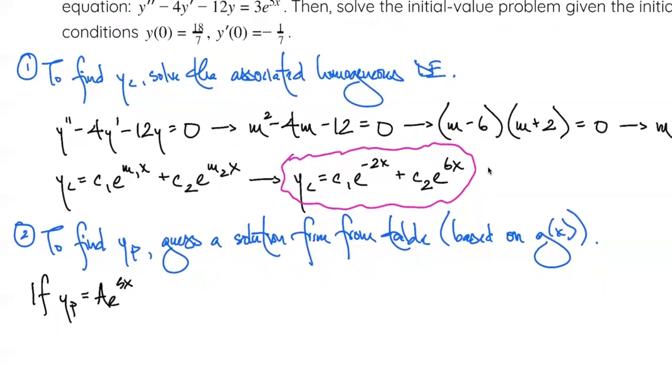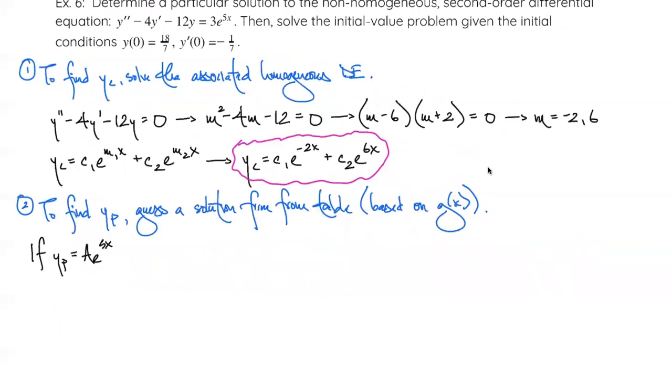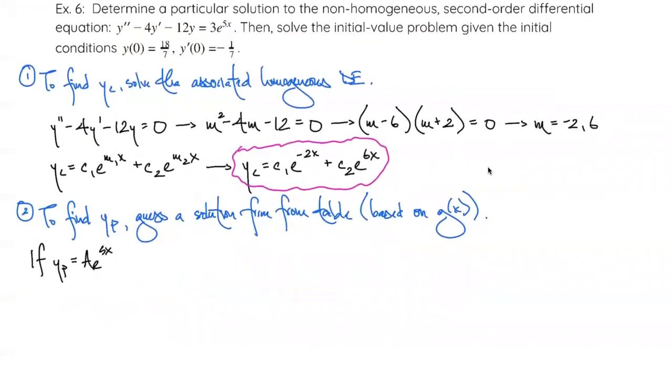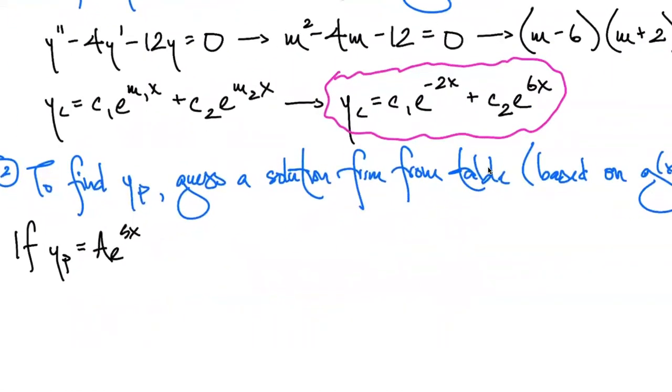Now, what we're going to do here is we're going to find our first derivative and our second derivative. We're going to plug things in to that left-hand side. Okay, so let's go ahead and find our first derivative.